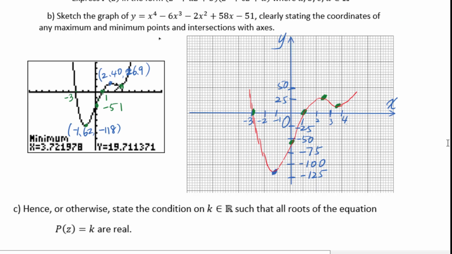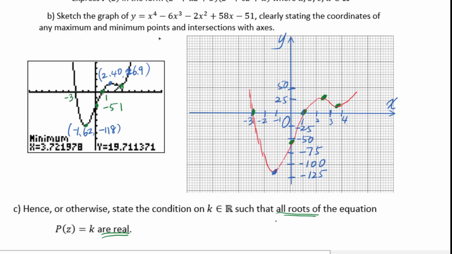Let's go to C. Hence or otherwise, state the condition on K. K is all real numbers, such that all roots of the equation P of Z equals K are real. All roots, since for this polynomial function, the highest exponents is 4.